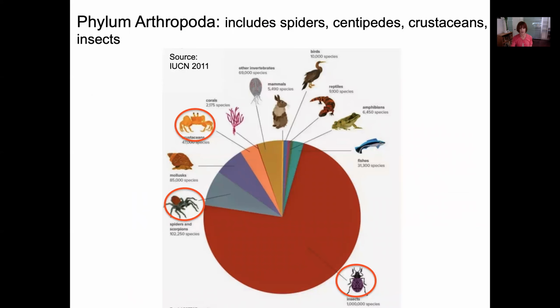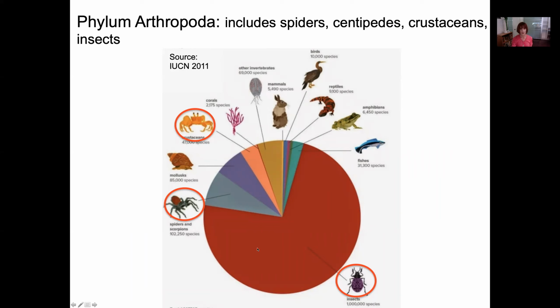Okay, so back to this pie that I showed you guys before is kind of just a visual sense of the relative diversity of these groups that we're talking about today. And so we're talking about invertebrates, which is everything here.